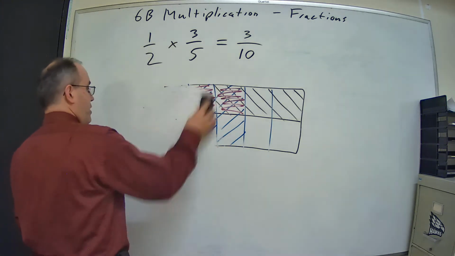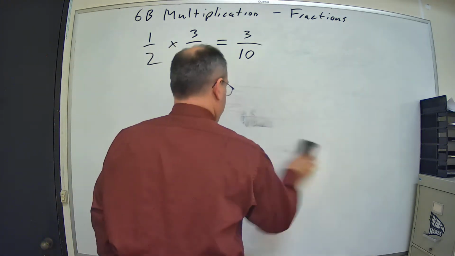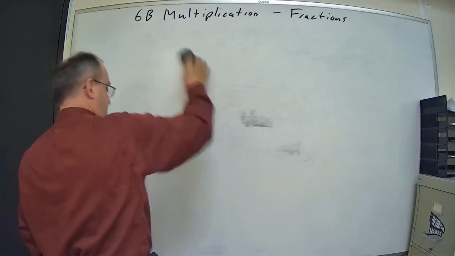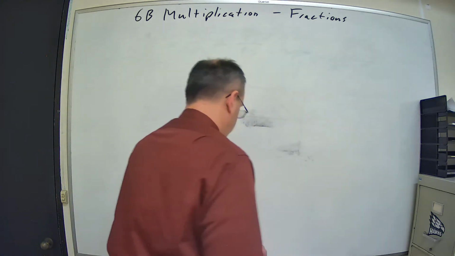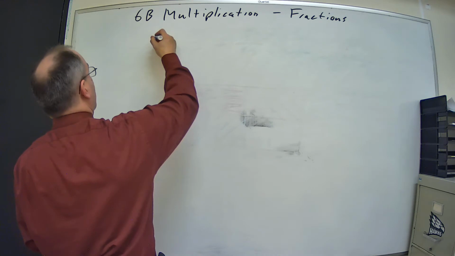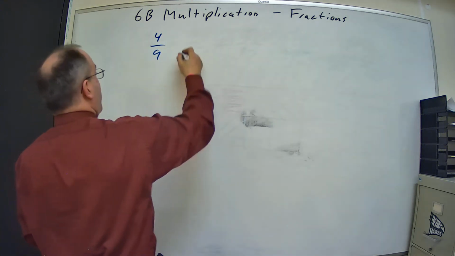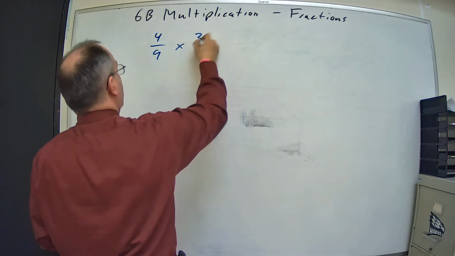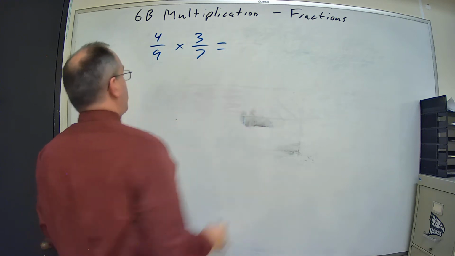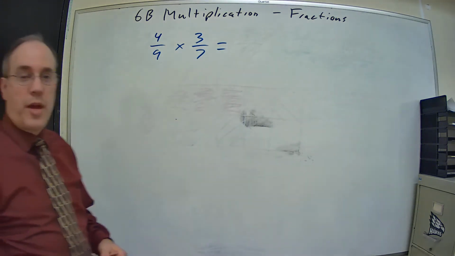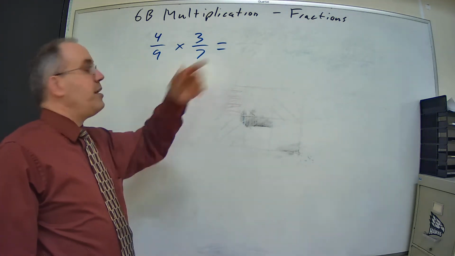So let's do a few of these. Four ninths times 3/7. 4 ninths times 3/7. We do not need a common denominator.